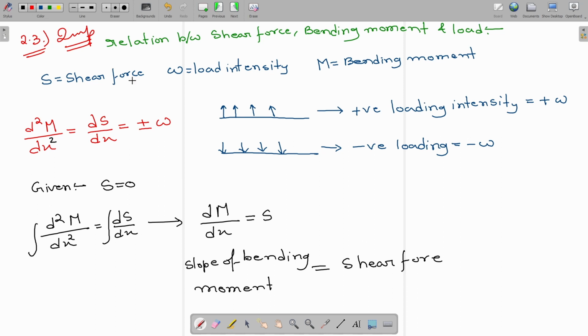And according to the question, this shear force is 0. Therefore, on further integrating, we can say that the moment is equal to a constant.